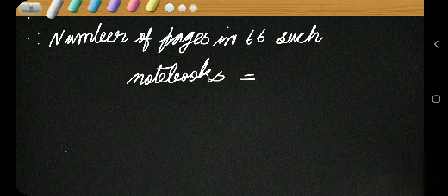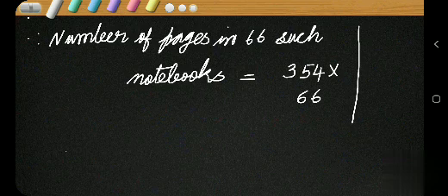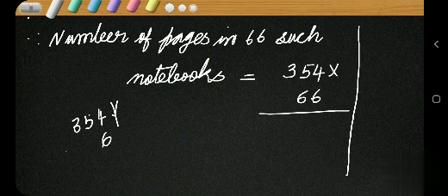What is to be found? The number of pages has to be found. For that, what we have to do? Yes, 354 has to be multiplied by 66, isn't it? So let's try to find out. 354 into 66. Okay, let's multiply. First we have to multiply 354 into first number 6, isn't it? So let's try to multiply.